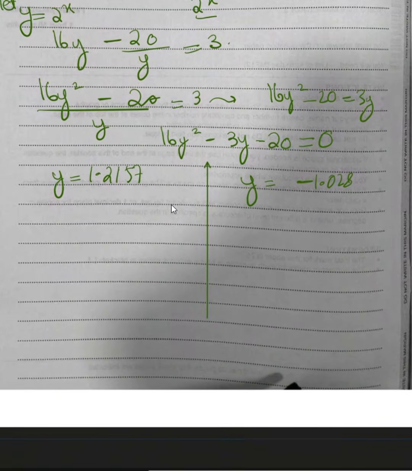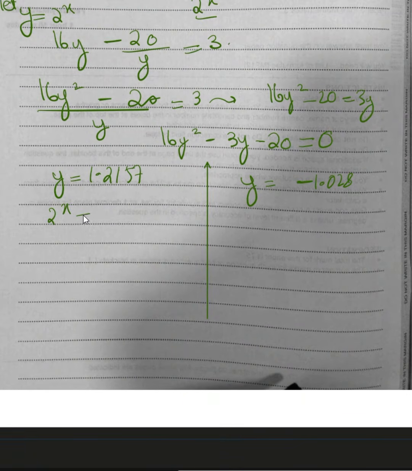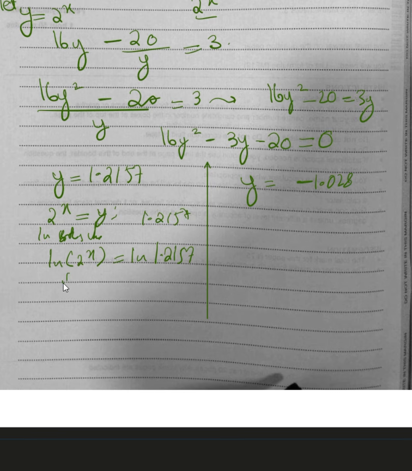Now we can replace it with 2 power x equals y. We can substitute it back, with 1.2157. Then to get x, we can ln both sides. So ln 2 power x is equal to ln 1.2157, and this can be rewritten as x ln 2 is equal to ln 1.2157.